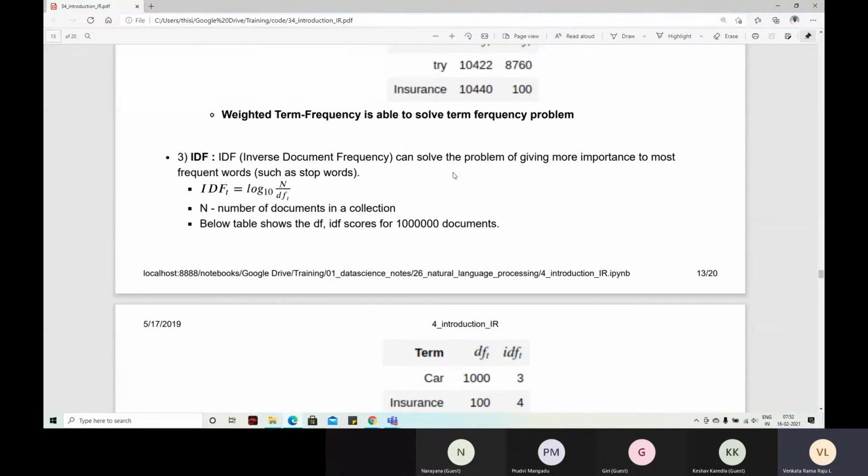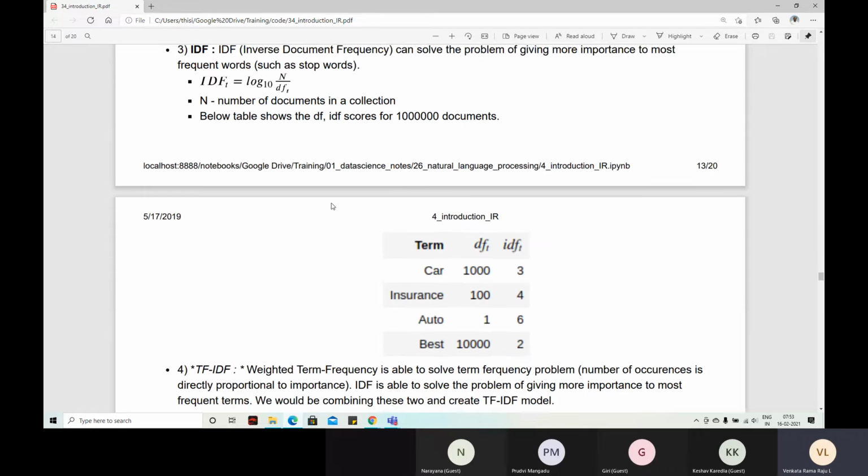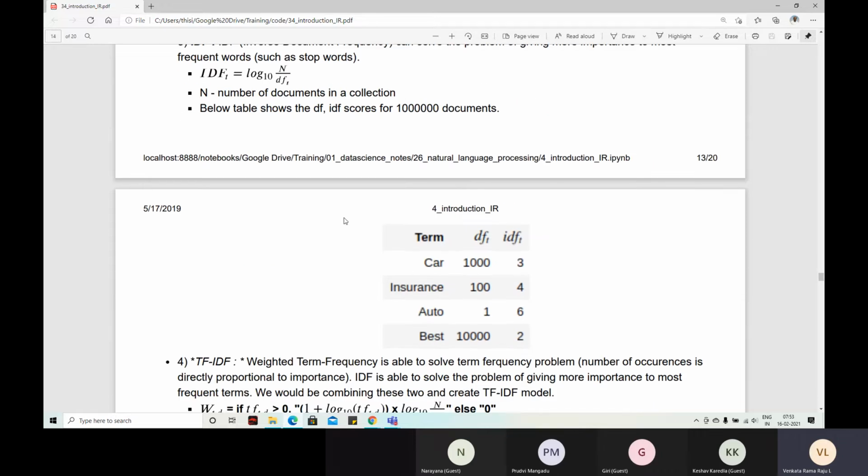Inverse document frequency is going to solve the problem of giving more importance to the most frequent words, right? So a stop word may occur in all the documents, but it is not important. If a word is occurring in all documents, we will give 0 IDF score, right? N is the number of documents, DF is the document frequency, right? How many documents a word occurred in.